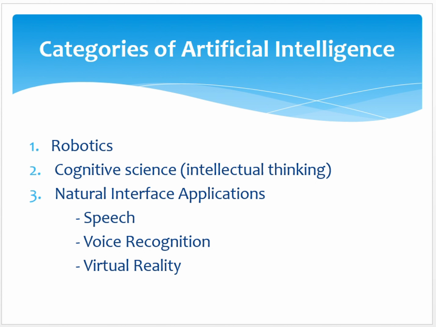AI has a few categories. So we have robotics, we have cognitive science or intellectual thinking, and we have natural interface applications. These are categories of artificial intelligence: robotics, cognitive science, also referred to as intellectual thinking, and natural interface applications.